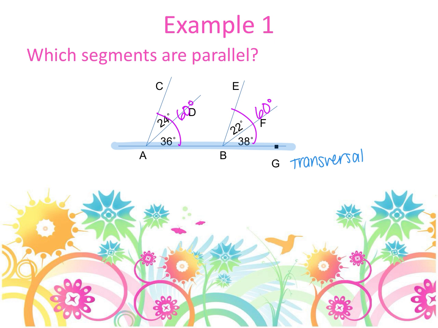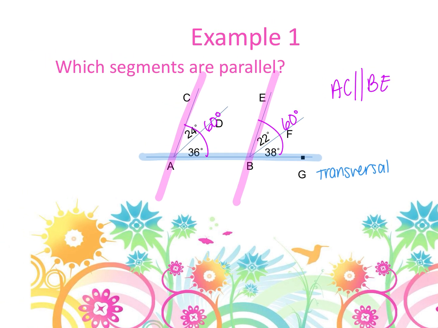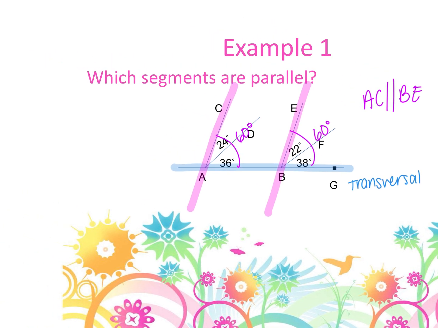Okay, so when I say my lines, I'm talking about AC and BE. They're my segments. So AC is parallel to BE. Yes. How do I know? By what? They're both 60 degrees, but yes, definition-wise, what would those angles be called?